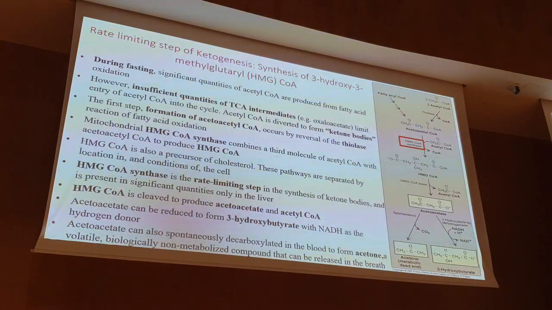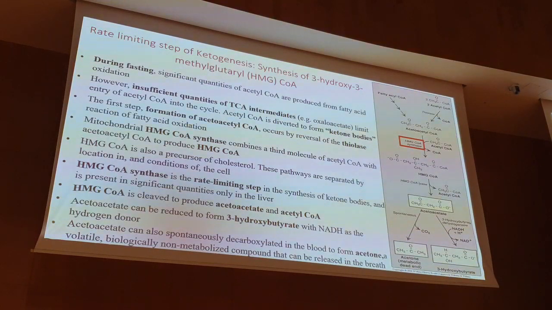The reason you start converting this into ketone bodies is because you're not eating any carbohydrates, and your brain is asking for glucose. But your brain can also use ketone bodies. So you start to make ketone bodies, and you are into the 16, 18, 20, 22 hour of the fast.